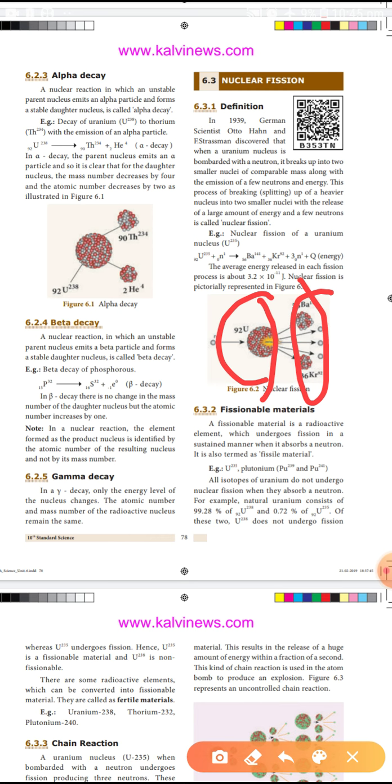See the reaction, nuclear fission of uranium-235 with a neutron. Uranium-235 reacts with that neutron to form barium, krypton, neutrons and energy.